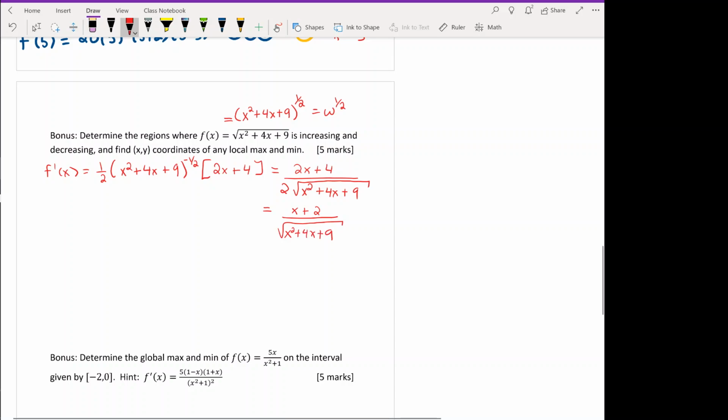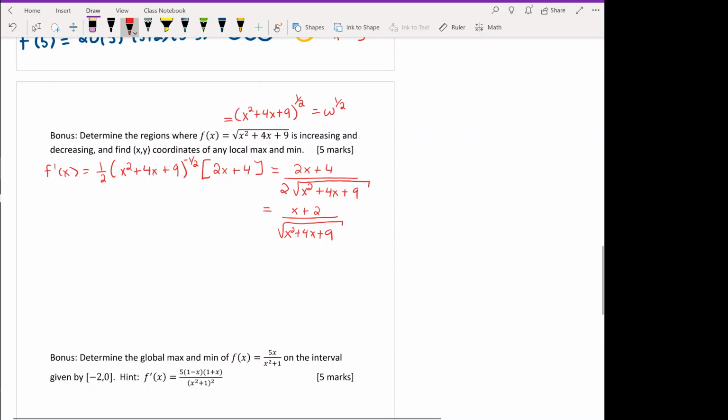Okay, and this was the one that I think I mentioned in class, that one of the bonus questions was hard. It was this one. One of the challenges is when you look at the denominator, you may be worried that the denominator could possibly be 0, and then you'd have an extra critical number that comes from there. But if you try to factor it, you try to look for when it's 0, you'll find that it doesn't have any solutions.